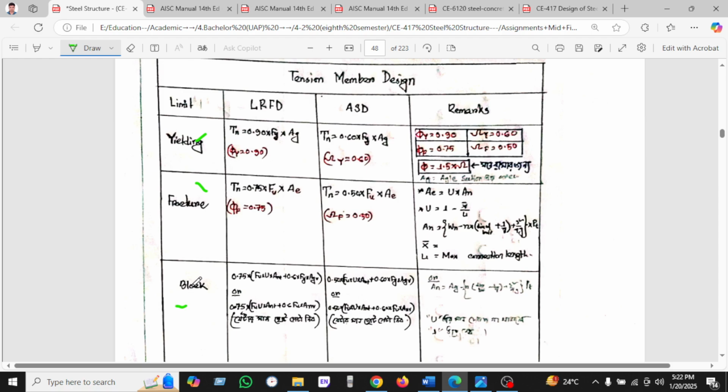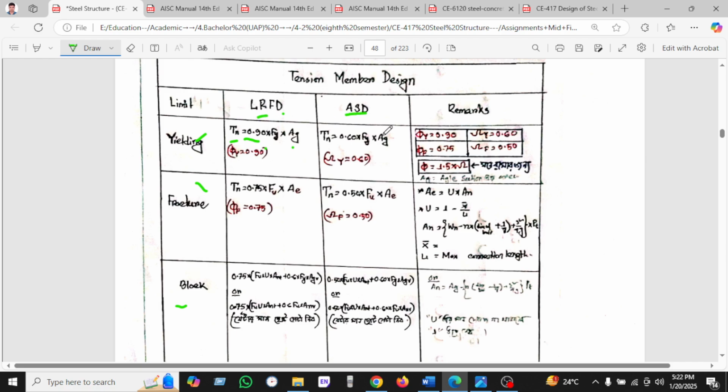So in LRFD, the formula will be Tn equal to 0.90 Fy into Ag. As a basic formula, we know force equals stress times area, and we have used a multiplication factor, which is 0.90 for LRFD.